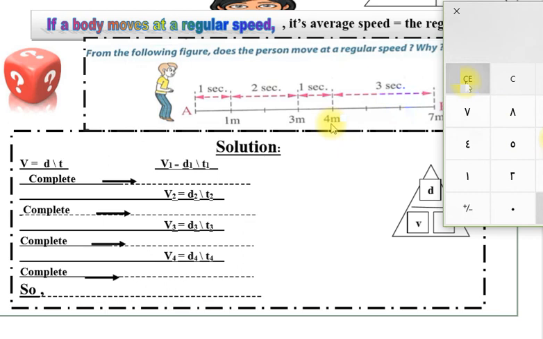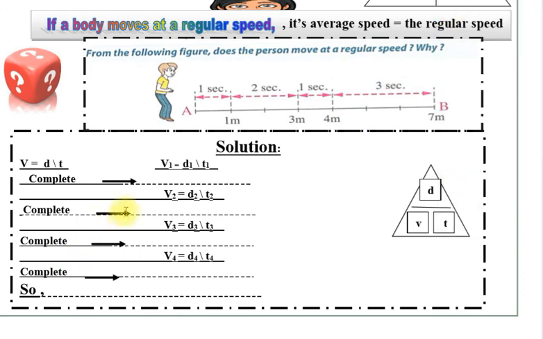The final distance, covered in 3 seconds, equals 7 minus 4, which equals 3. 3 divided by 3 equals 1 again.